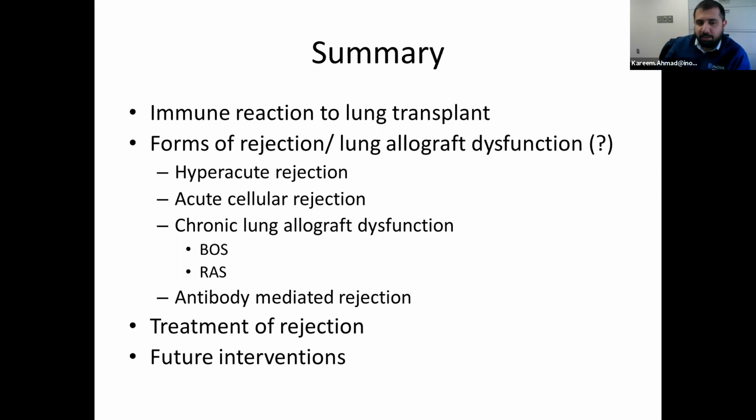So this is a backbone list of the types of rejection that I'm going to highlight. The first one, hyperacute rejection, to make it understandable: the recipient is already sensitized to the organ, meaning the recipient has antibodies against the organ being transplanted.